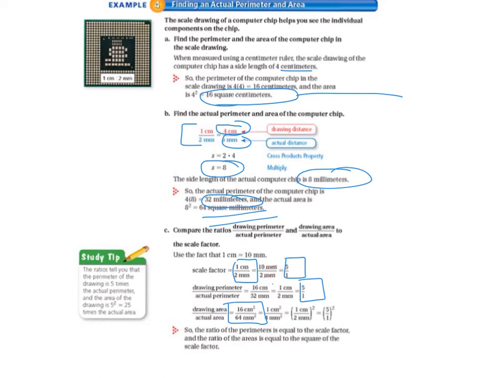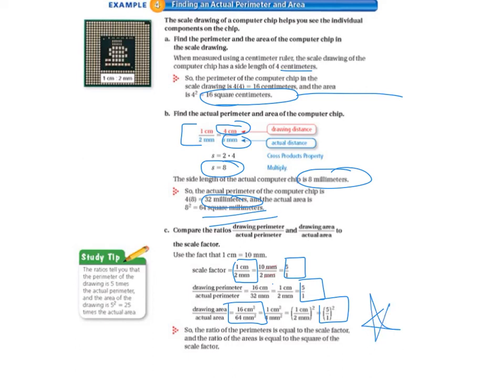And when we simplify that, it's 1 centimeter squared over 4 millimeters squared, and 1 centimeter over 2 millimeters, and the whole thing squared, and that comes out to a scale factor of 5 to 1 squared. So the ratio of the perimeters is equal to the scale factor, and the ratio of the areas is equal to the square of the scale factor.